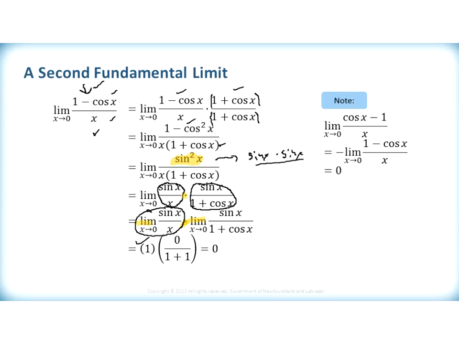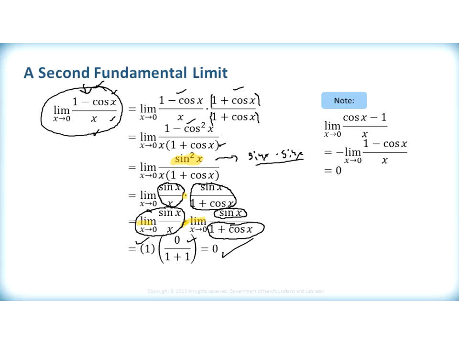And over here on the right, if I try direct substitution now, sine of 0 is equal to 0, and cosine of 0 equals 1, so on the denominator I have 1 plus 1, so I end up with 1 times 0, and that gives me a value of 0.